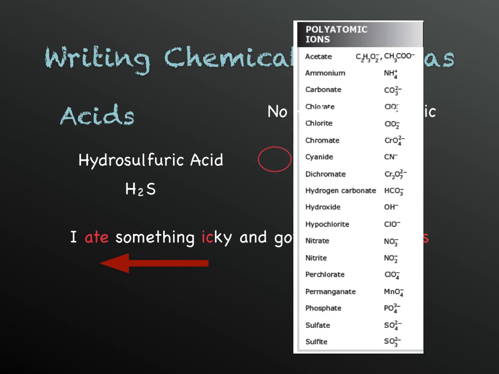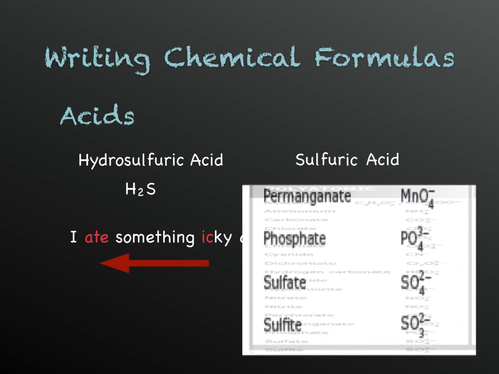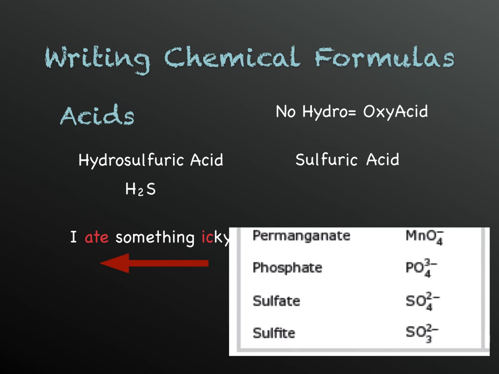Looking at our reference sheet, our polyatomic list, we see sulfate. So notice that it has an oxidation number of -2. So we've got to replace it with 2 hydrogens. So our formula there is H2SO4.